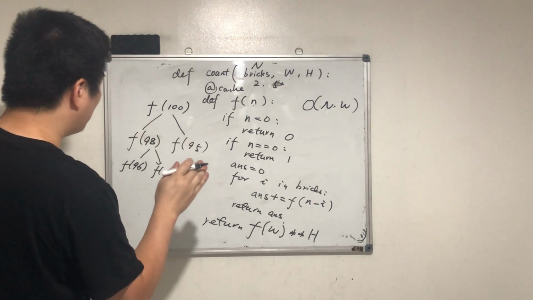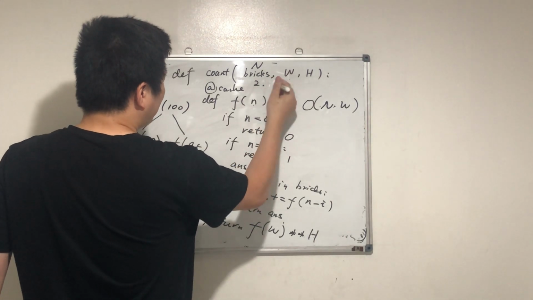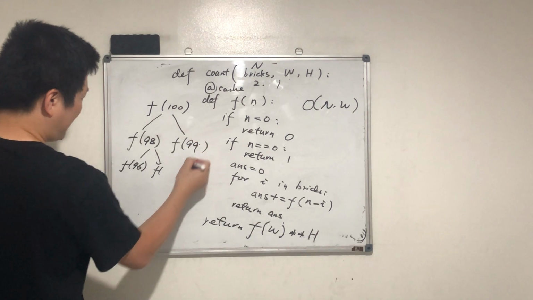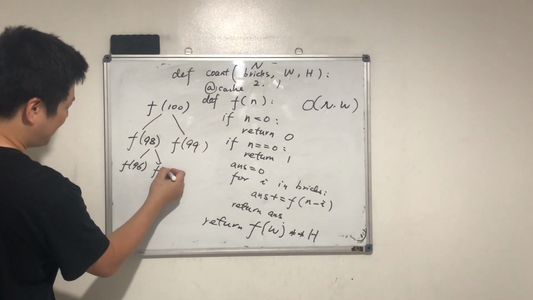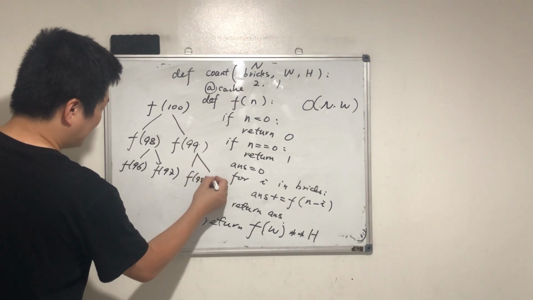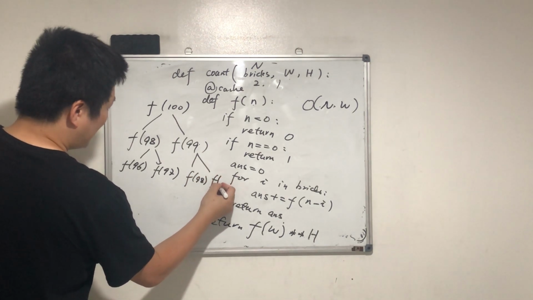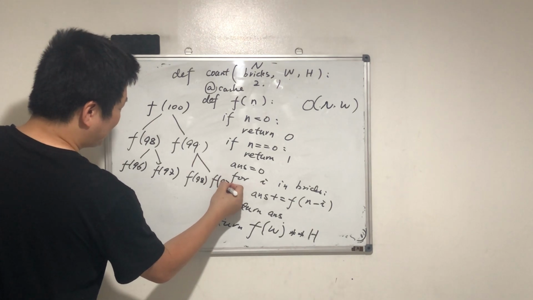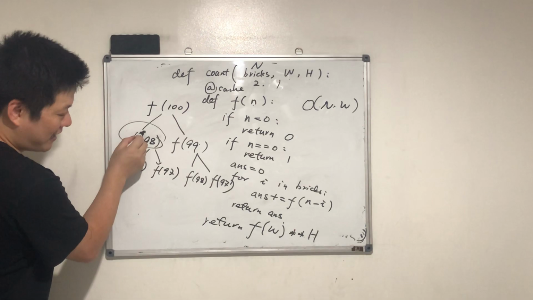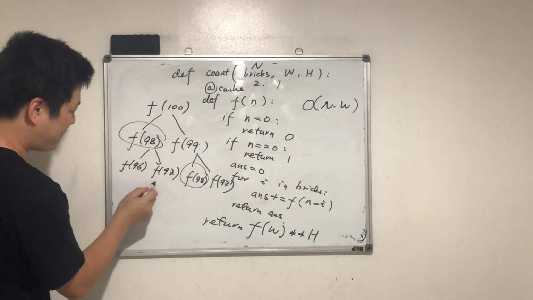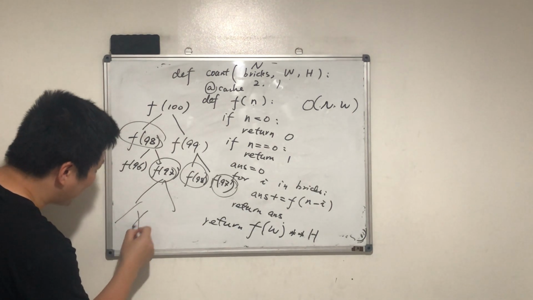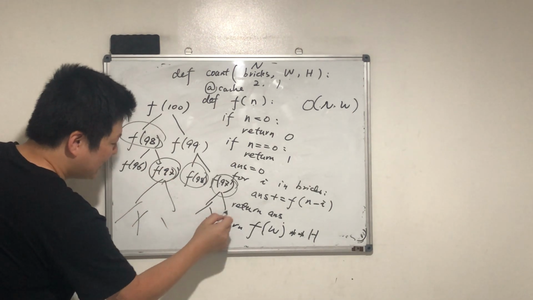Okay, let's write another way: f(99) and f(98), and f(96) and f(97), and that will be f(98) and f(97). You see? Look, this f(98) is calculated here and here. F(97) here and here. And there will be lots of calculation under this f, right?